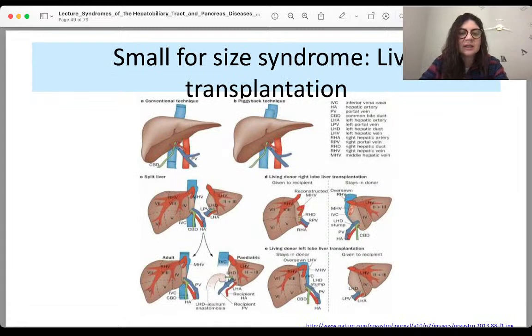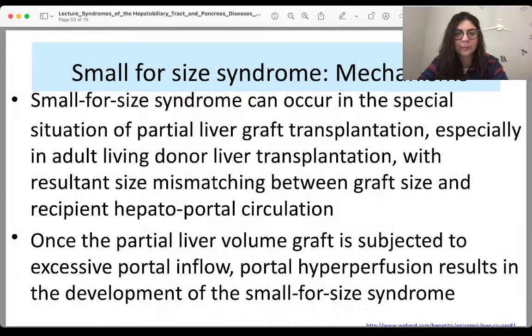You see here the most typical methodics of liver transplantation, what lobes usually choose for transplantation, and if the donor leave not enough liver tissue, it can start small for typical classical small for size syndrome. Mechanisms of it.